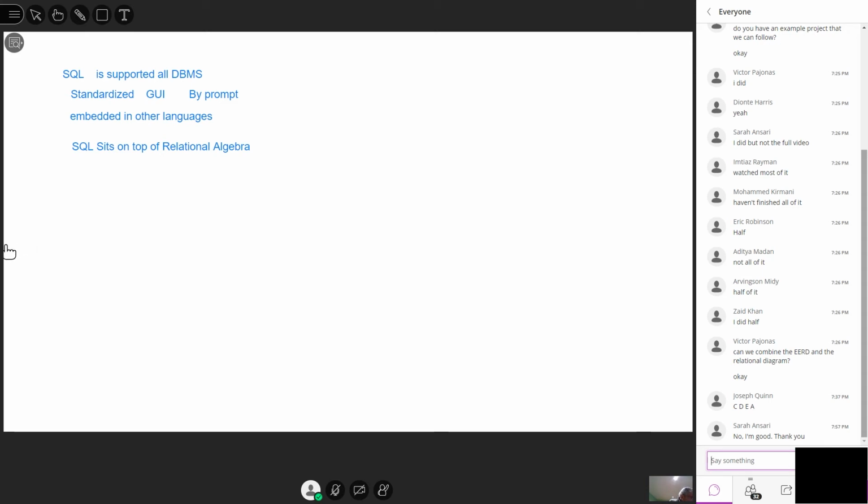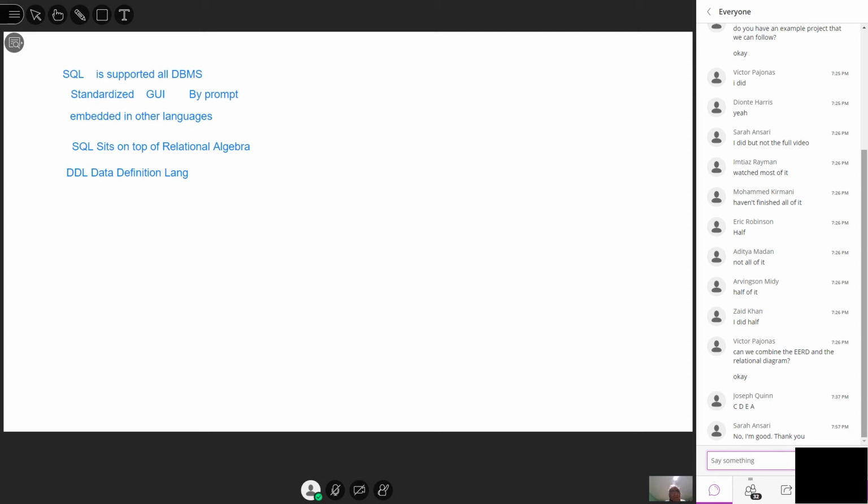Now this language does many things. It's what we call DDL, that means it's a data definition language. What does that mean? When we are doing the project and we have the data, we are going to use something called create statements to define the data.